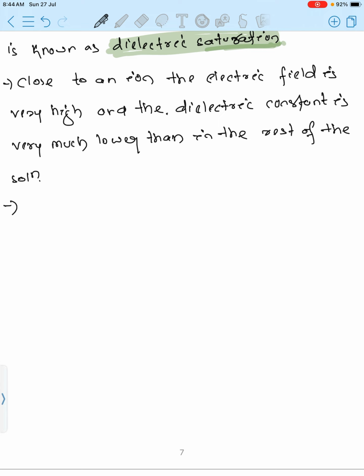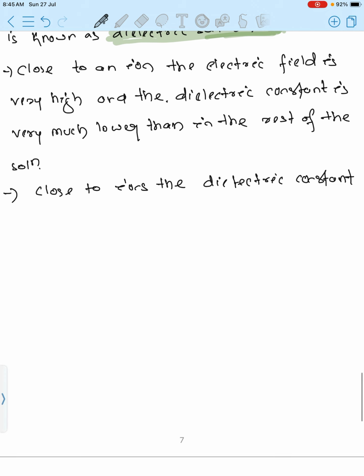It has been seen that close to ions, the dielectric constant is seen to have a value of 1.78. This I am talking about the water molecule.